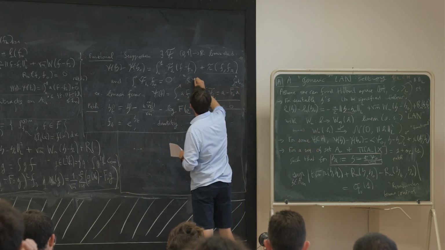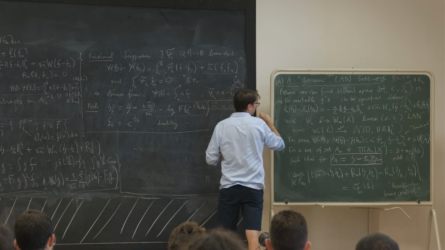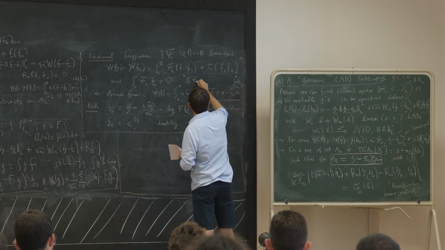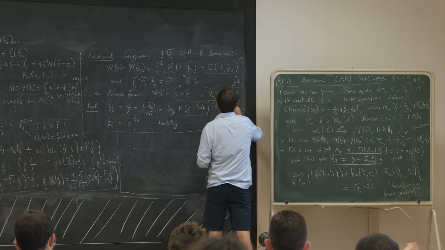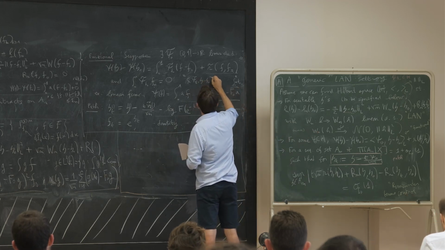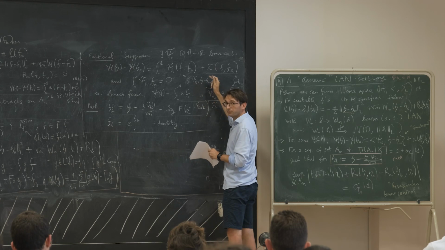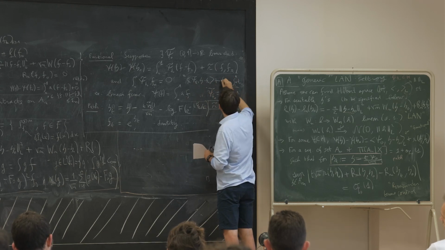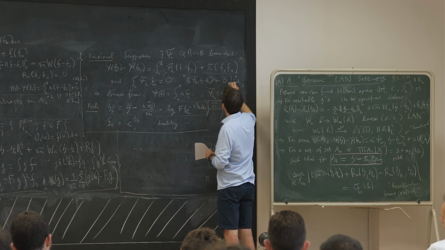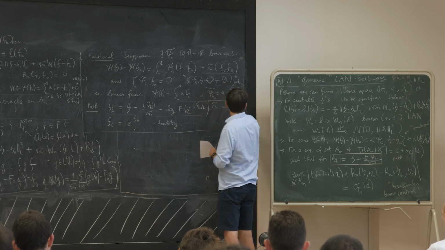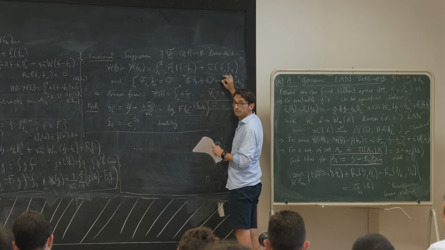So this will be psi naught, and this can still be psi tilde, in fact, eta minus eta naught, plus some term b. And within this framework, I need to work with this one.